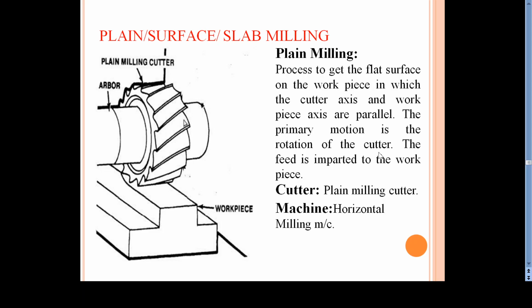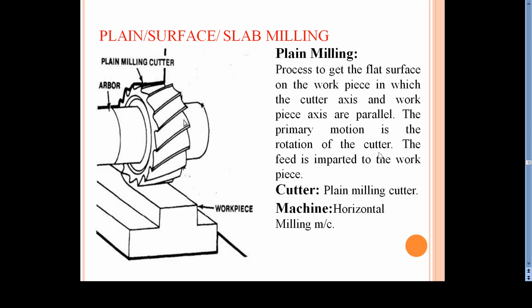This figure shows plane or slab milling. In plane milling, the cutting edges are on the periphery of the cutter. This type of cutter can only be used for planing slabs, for generating flat surfaces, and the cutting action is by the cutting edges on the periphery of the milling cutter.